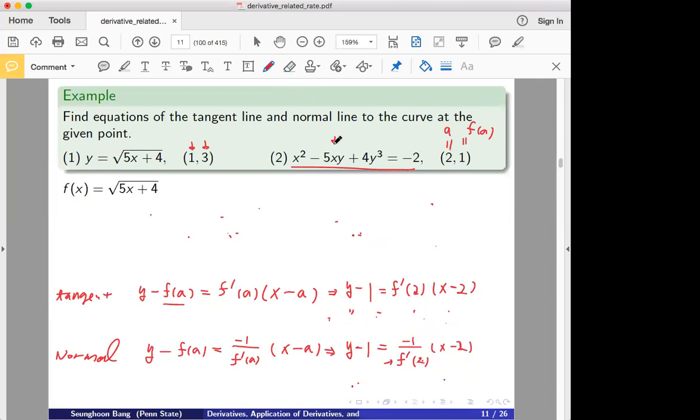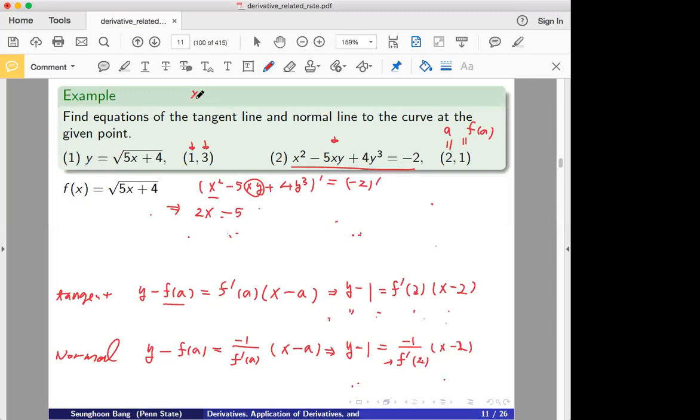You can use implicit differentiation. So we have x squared minus 5xy plus 4y cubed, prime, equals negative 2, prime. So what's that? X squared prime is 2x, minus 5 times xy prime.